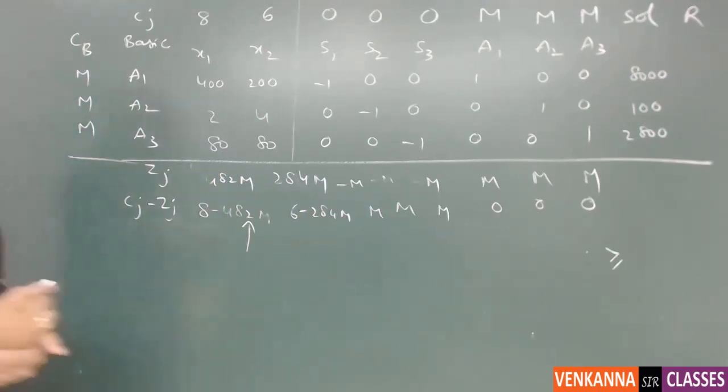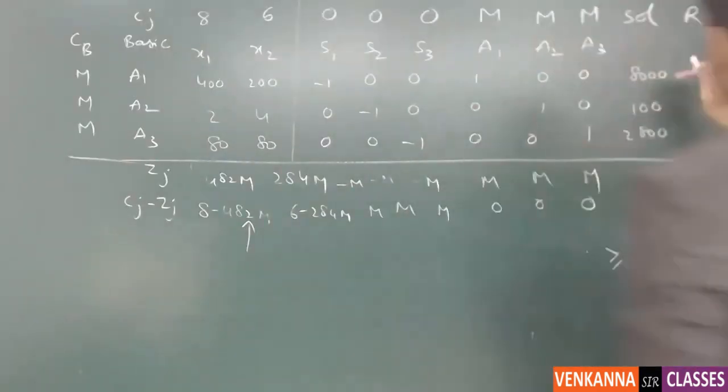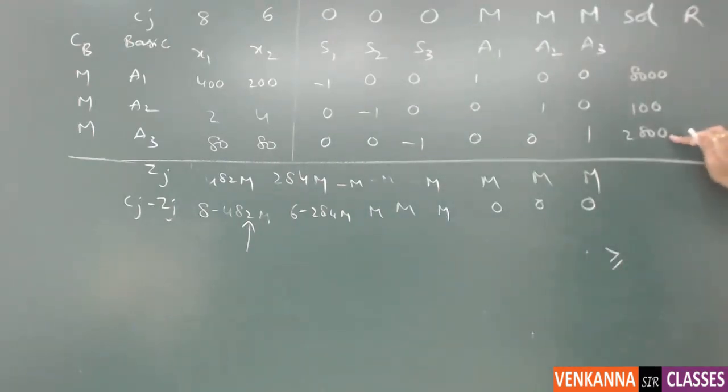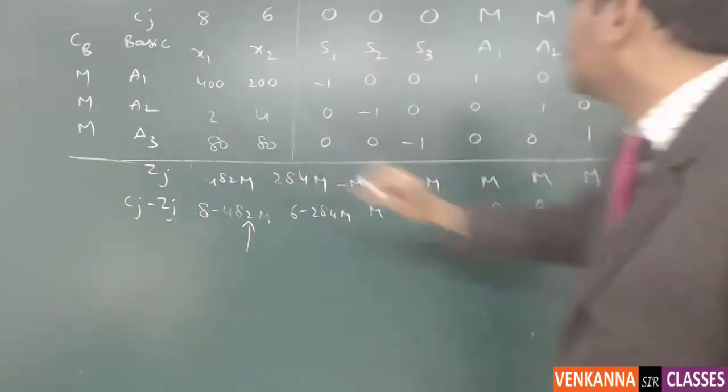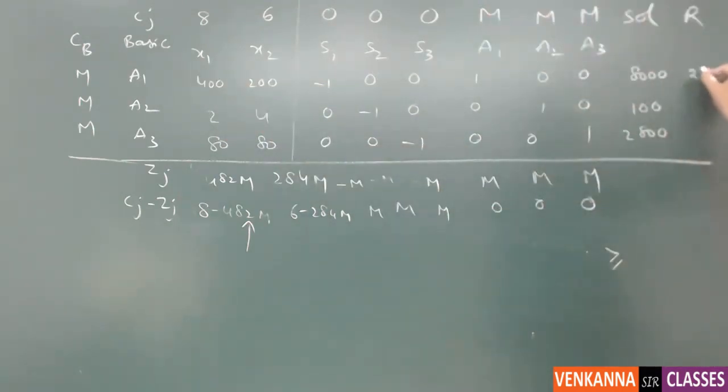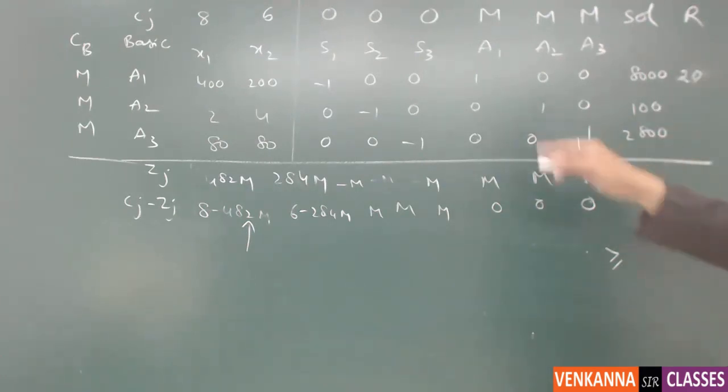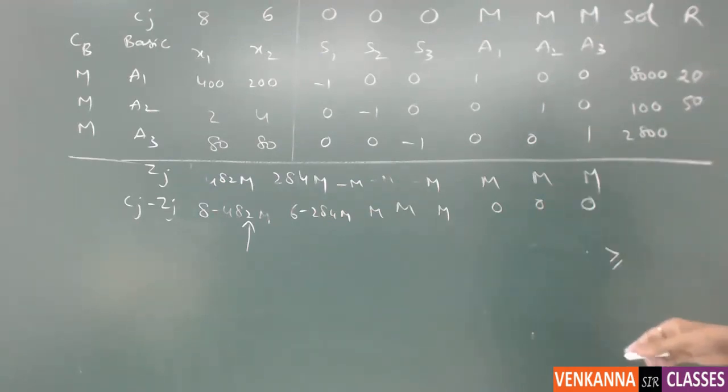So to get the key element, these solution values are divided with this one. So 8000 by 4400, it will be 20, and here you have 50, and then 2800 divided by 80.